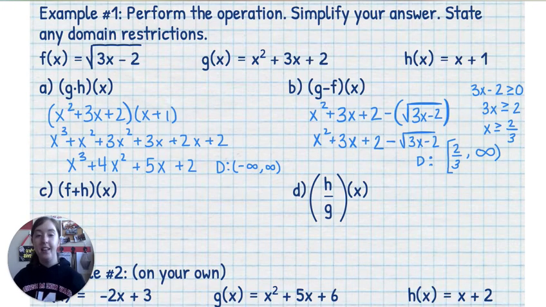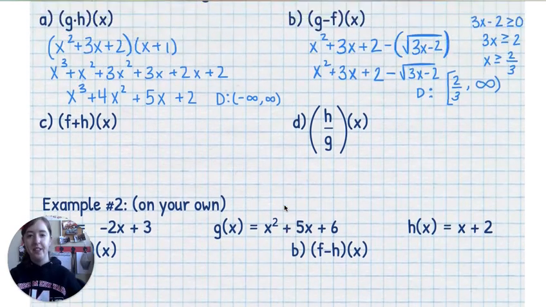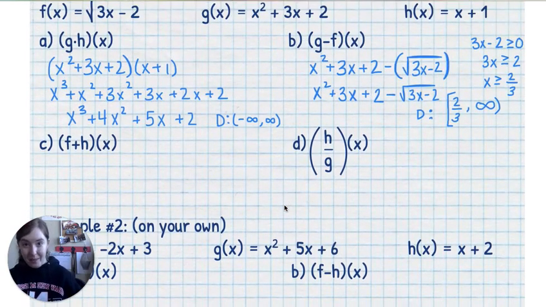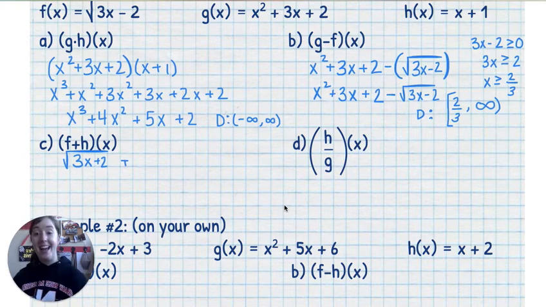Good deal. Now we're finding f plus h. So, oopsies, I shouldn't have gone that far. My bad. Okay, so f comes first. F is that square root of 3x plus 2. And then I'm supposed to add h to the end of that, and h is that x plus 1. So there's nothing I can combine or simplify anymore, so that's my function.